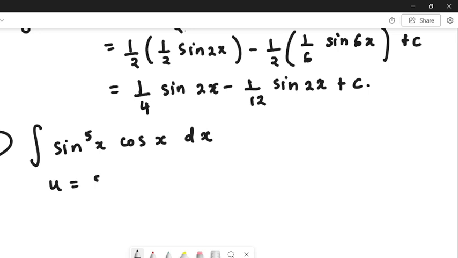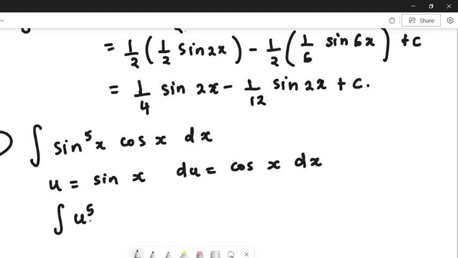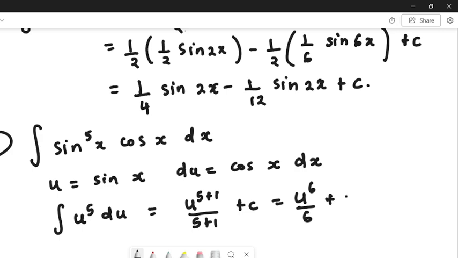So we say u is sine x. That means du is cos x dx. So if you substitute back, you will get u to power 5 du. You integrate, you'll get u to power 5 plus 1 over 5 plus 1 plus c, which is simply u to power 6 over 6 plus c.